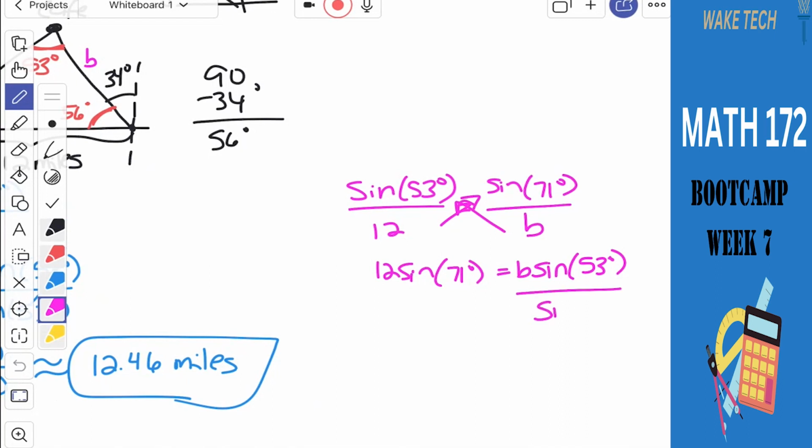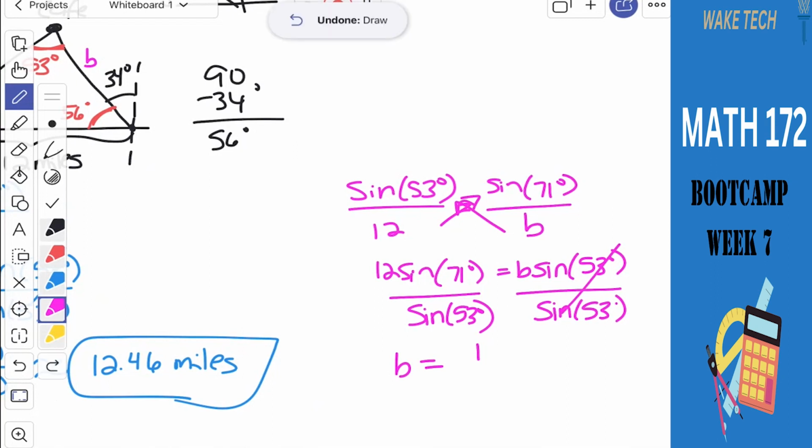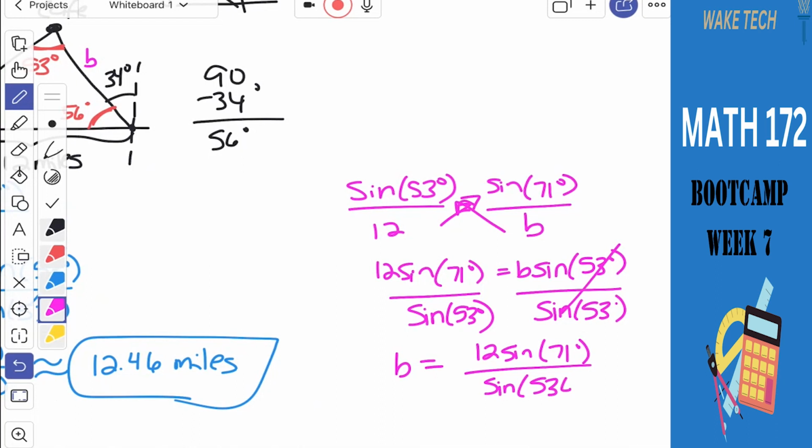Dividing by the sine of 53, we get that B is equal to 12 sine 71 over sine 53.